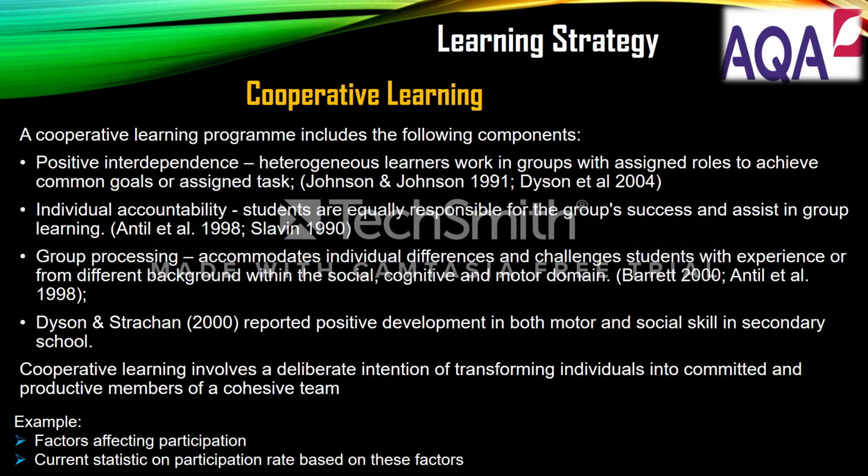For example, in a group of four to five, outline current statistics on participation rates based on peers, gender, and age factors using the Sport England survey as a guideline. This is group work and each student is accountable for the team's success, as emphasized by Ntoumanis and Biddle 1998.